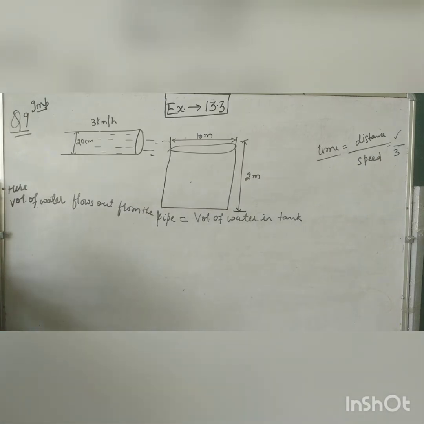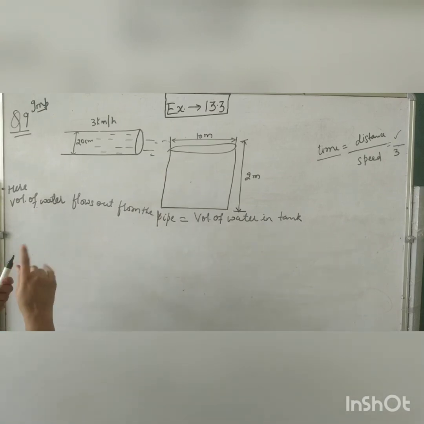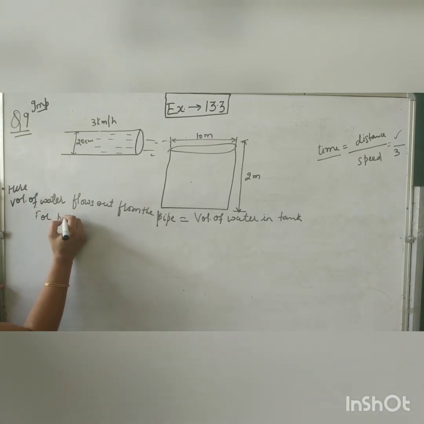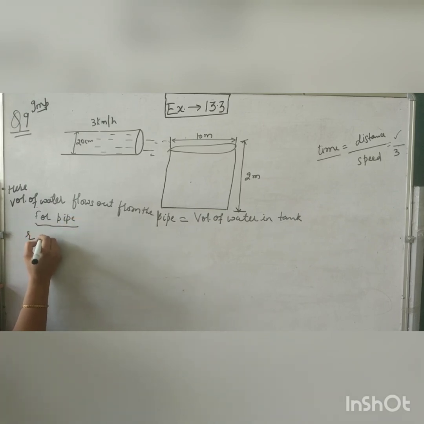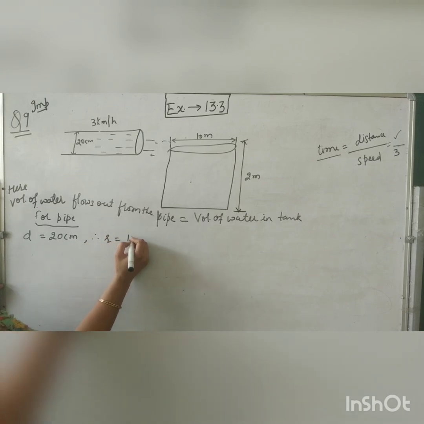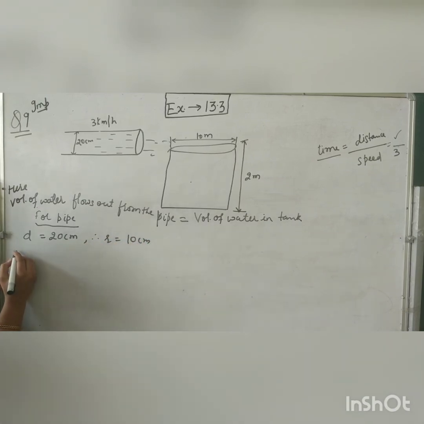Volume of pipe. Let's talk about their dimensions first. For pipe, radius is, diameter is 20 centimeter. Therefore, radius will be 10 centimeter. And anything else?